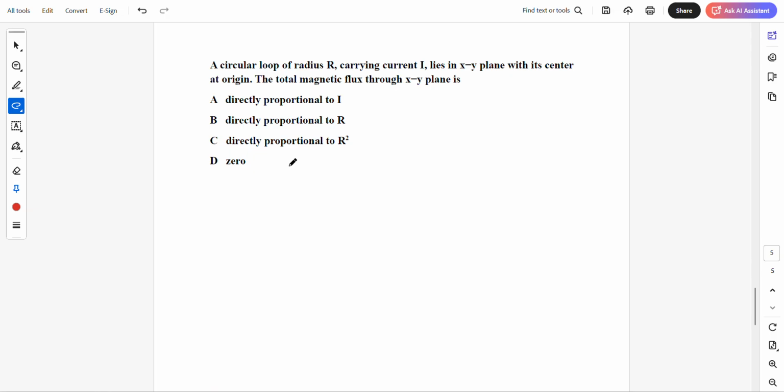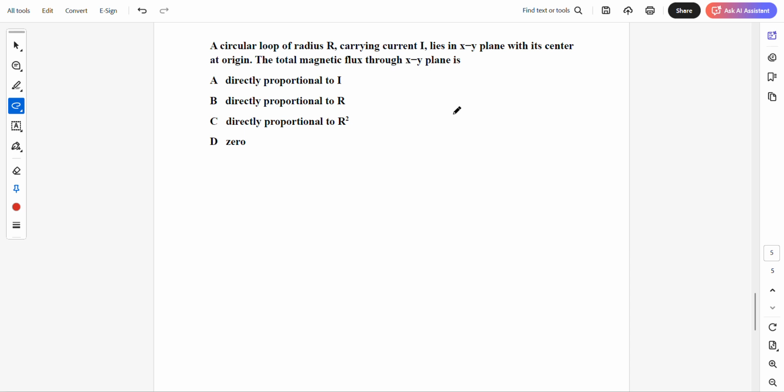And now what is it saying? A circular loop of radius r carrying current I lies in the xy plane, which is centered at the origin. Let us say this is x, this is y, this is z. Now this is the xy plane.